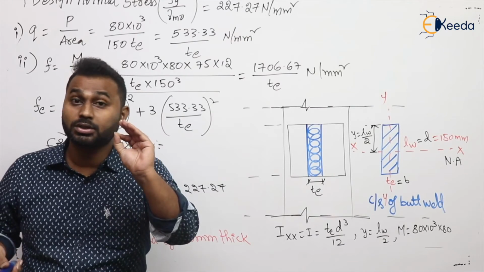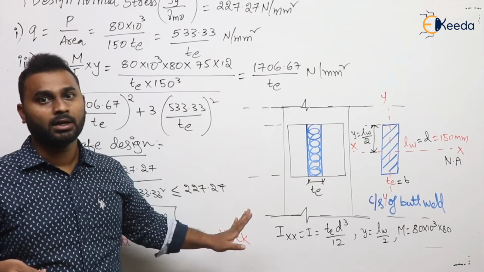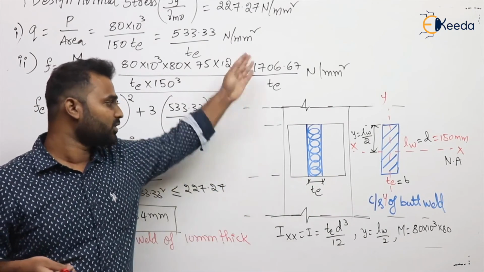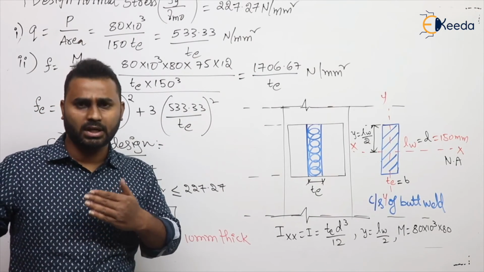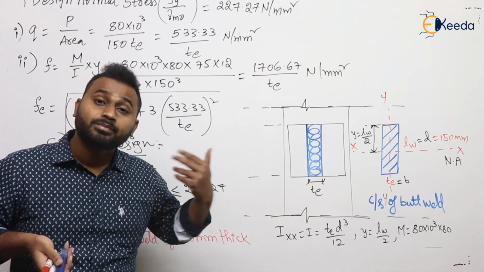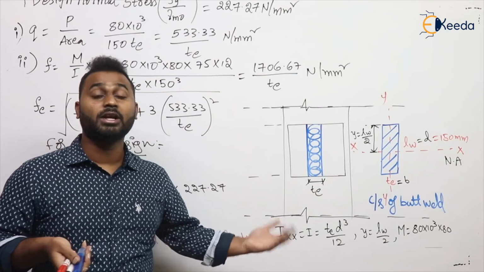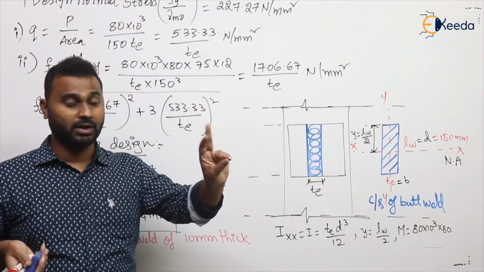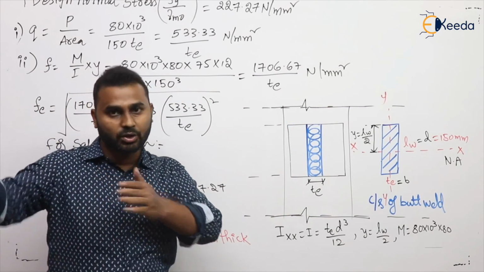So you need to concentrate more and more on this type of welding. For this type of weld, we can use either fillet or butt weld. Here we have discussed butt weld, and in coming questions we'll see questions on fillet weld also. Is that okay?